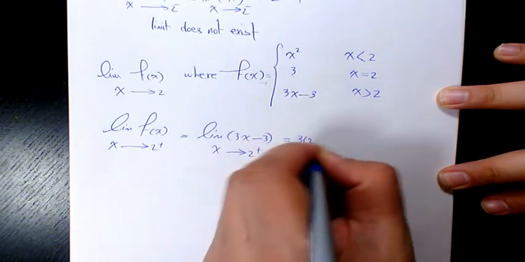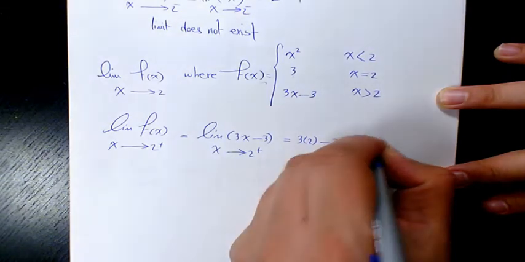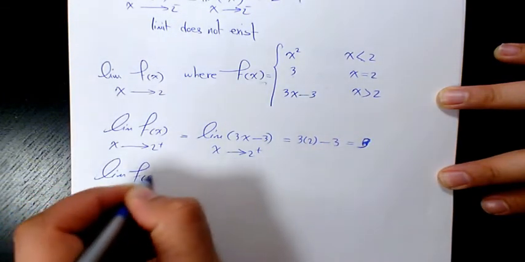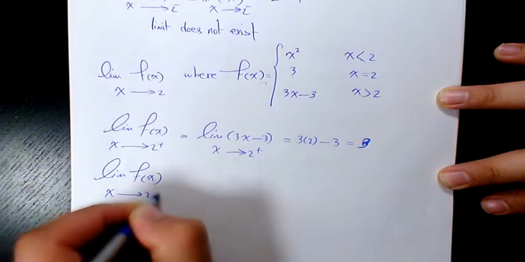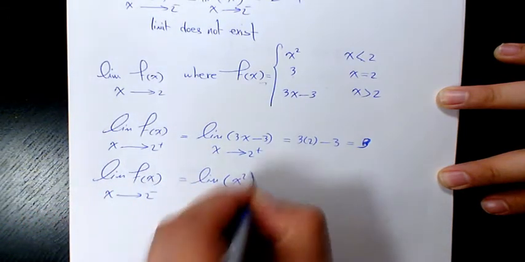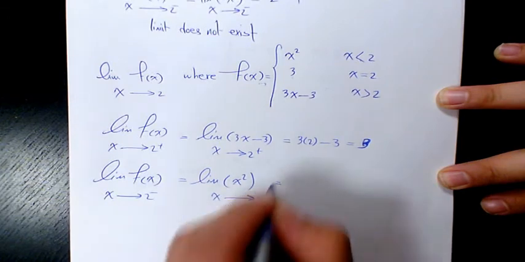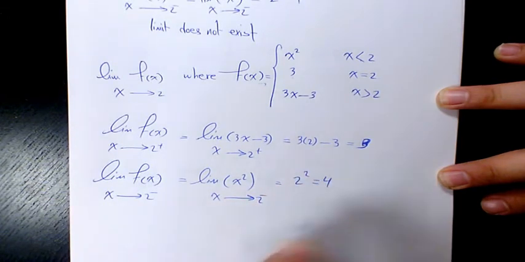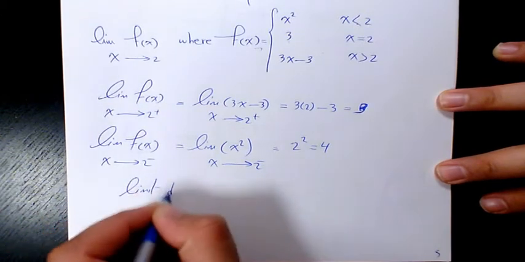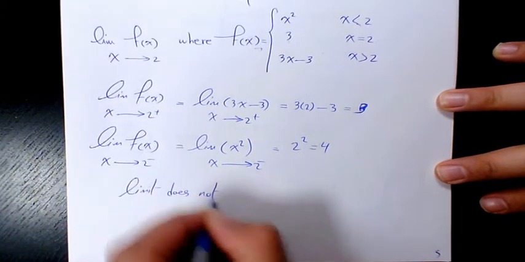It's going to be 3 times 2 minus 3, that's going to be 3. And limit of f of x when x is approaching 2 minus is limit of x squared when x is approaching 2 minus. It's going to be 2 squared, which is going to be 4. So limit does not exist.